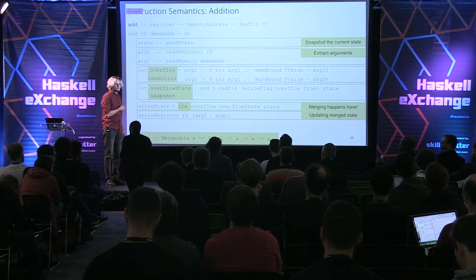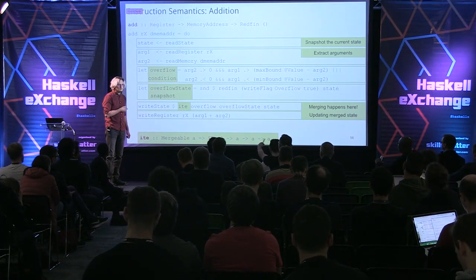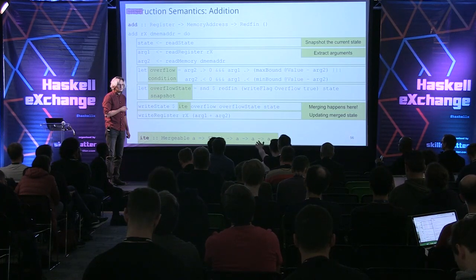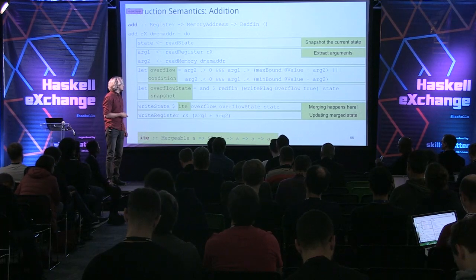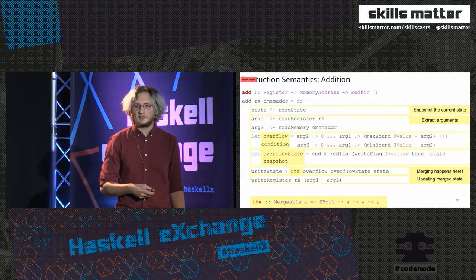Thank you. This condition. So you have an overflow, and then you have an overflow state which you just generated. It's like it's unconditional in the sense. Not exactly. So in order to use this ITE operator here, I need to create two values of type A. So A here, in my case, is my processor state data type.